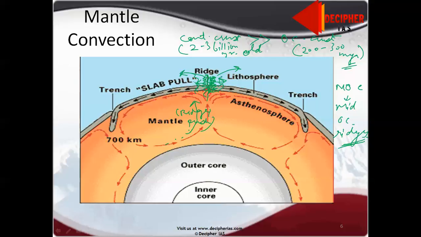Again the splitting of the earth happens, magma comes out, again the older one moves here and the newer one comes here. So this process happens again and again, and hence the slab gets pushed towards the continental crust.